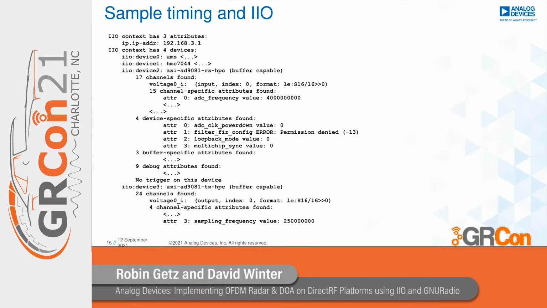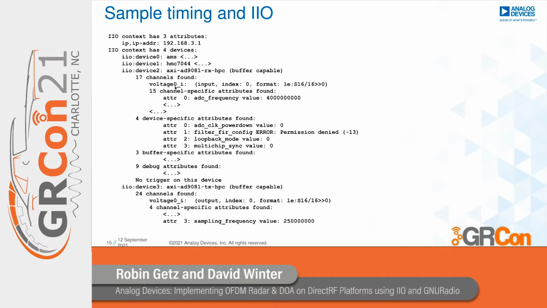Just as an example, here you can see the iio_info output on my AD9081 evaluation setup. So we have a voltage management chip, and the clock management chip, the HMC7044, provides the clocks for JESD and so on. And now there's the AD9081 RX device, which controls all the attributes of the RX and also the TX channels. This device is what you can use to stream your input samples from the ADC.